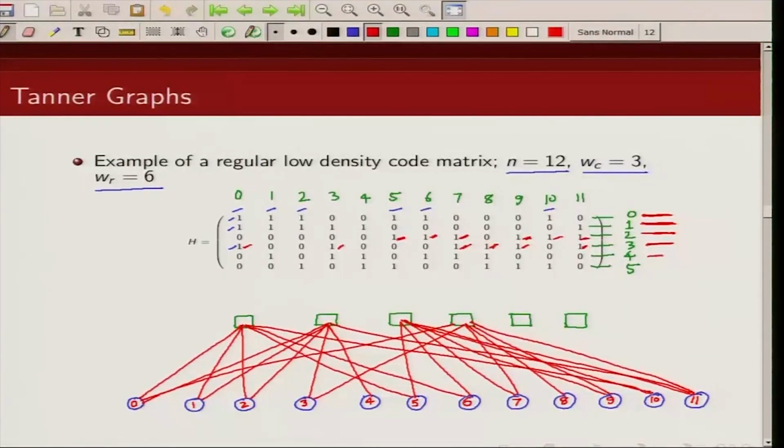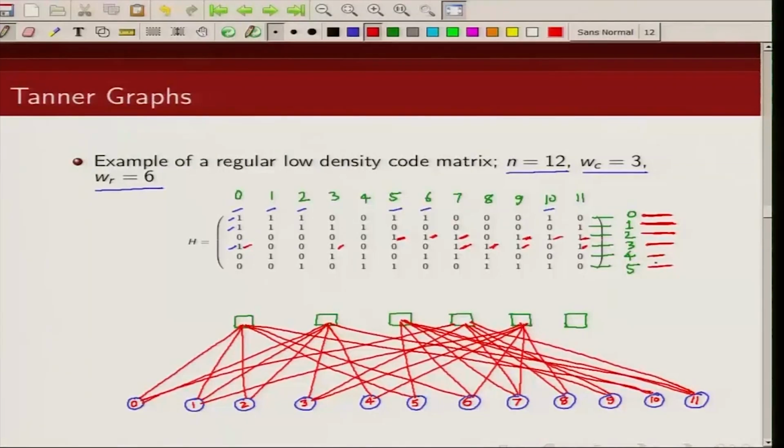And similarly, we can do for this. I will just do it. This is 1, 3, 4, 6, 7, 8. That is it.